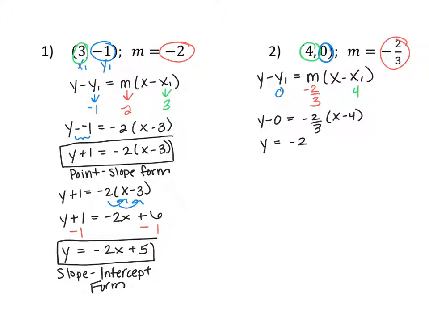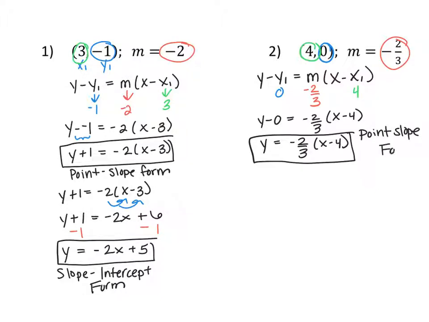And then if you were to leave it in point-slope form, y equals negative 2/3 times x minus 4 would be your answer for point-slope form. If we wanted to change that to y equals mx plus b, we would have to apply the distributive property.